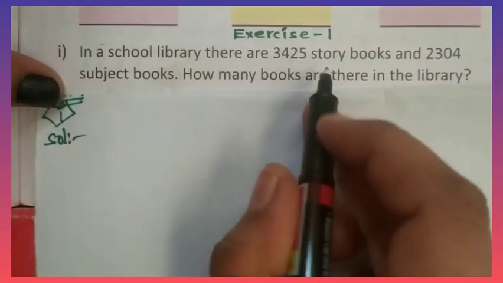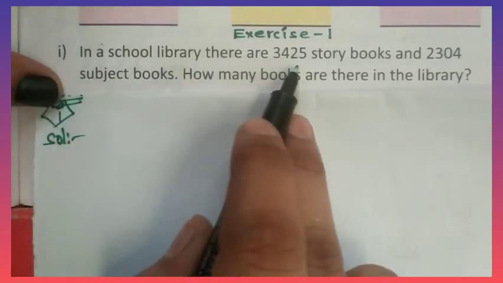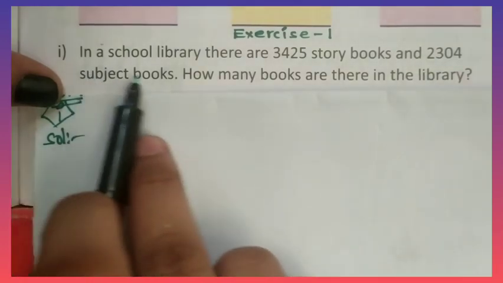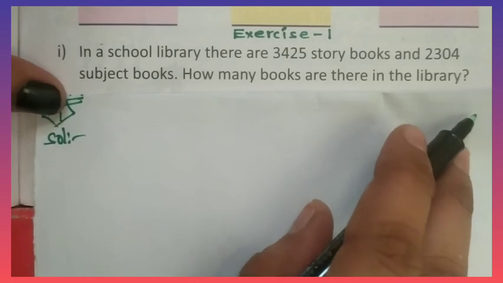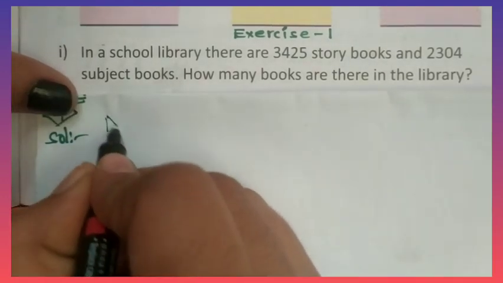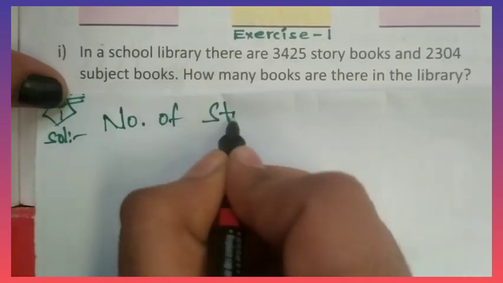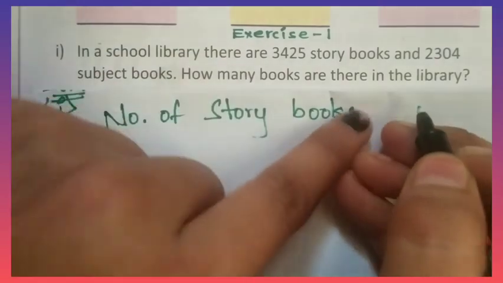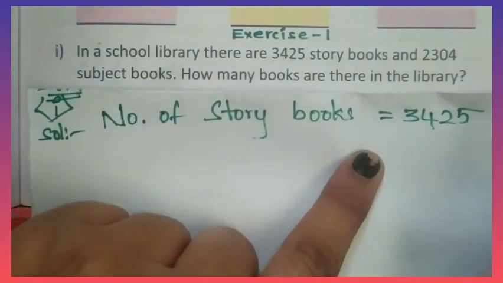Look here, exercise 1, I question. In a school library, there are 3425 story books and 2304 subject books. How many books are there in the library? Okay. So, number of story books. 3425.